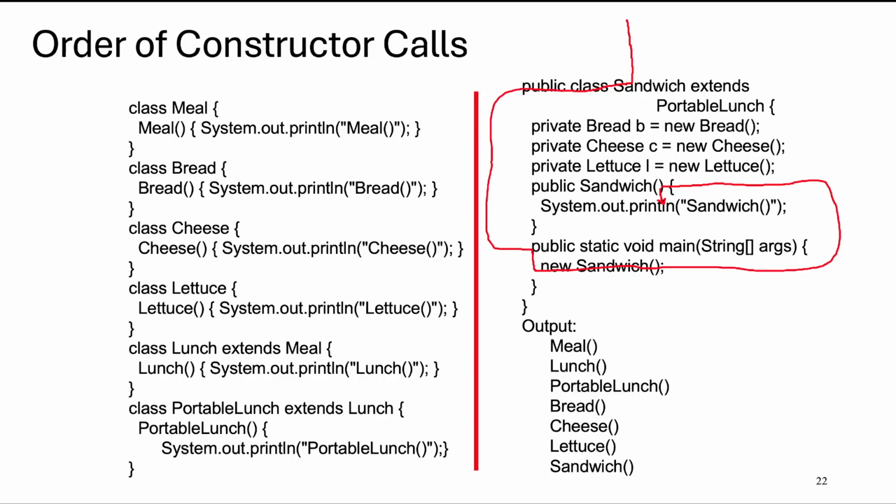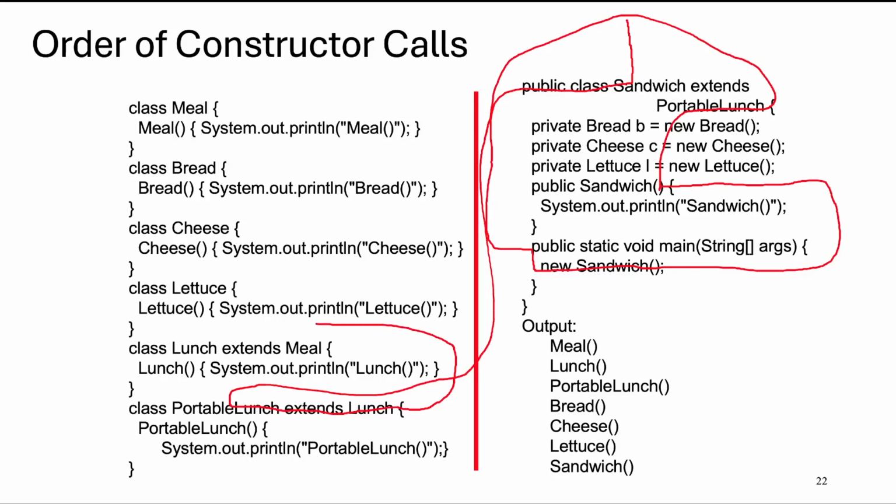Thus, instead of going down, the compiler goes to portable lunch class and comes here. Now, once it comes, it looks at extends lunch. So it will not even enter here. It will go to lunch.